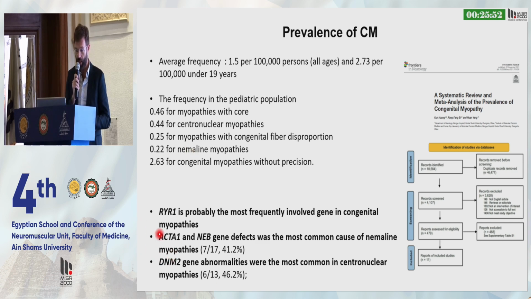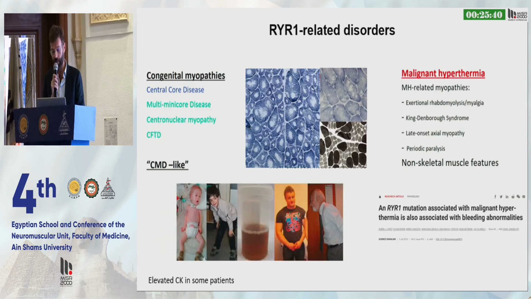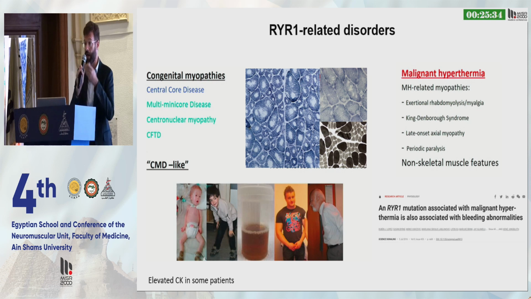Then you have two genes, ACTA1 and nebulin, that are found mainly in rod myopathy. And then you have dynamin 2 that is associated with centronuclear myopathy. So always think in terms of prevalence when you have your patient, and especially if you don't have the availability of the muscle biopsy, in order to classify the patient in different groups.